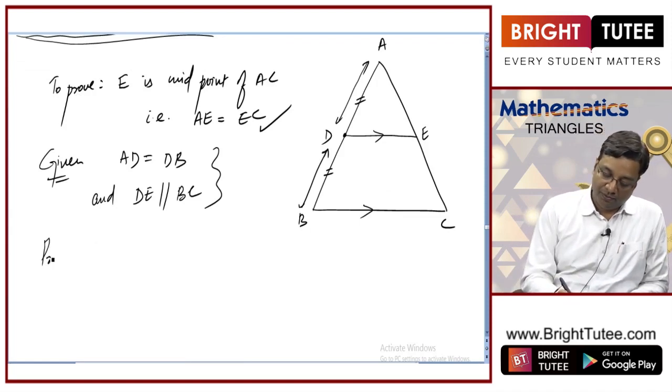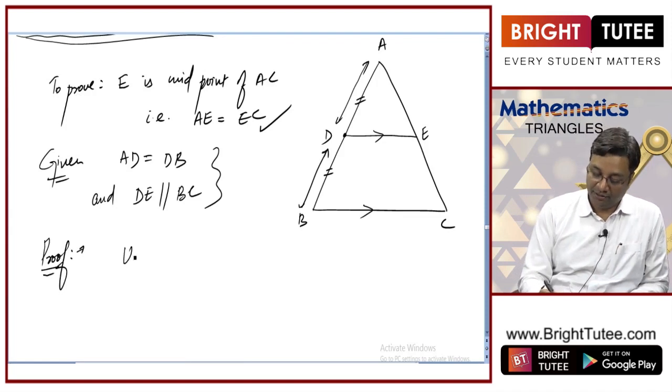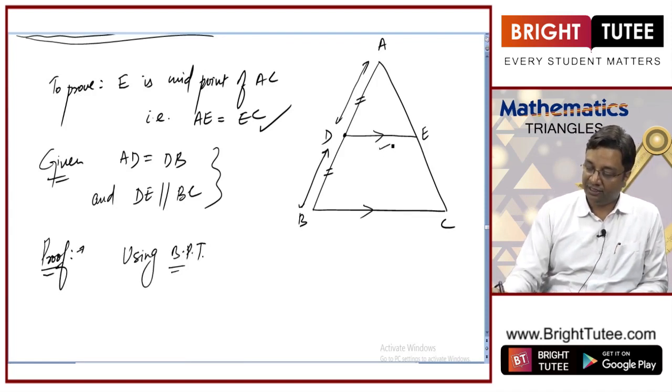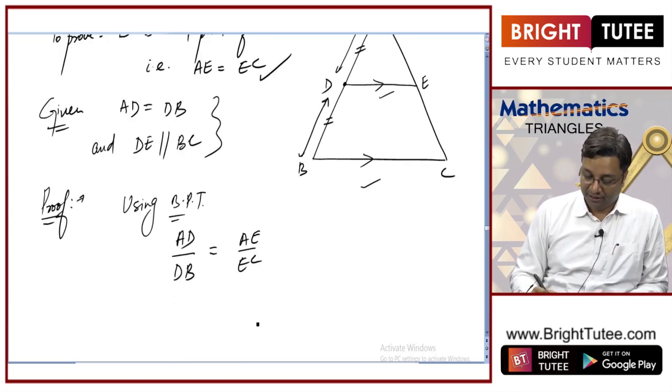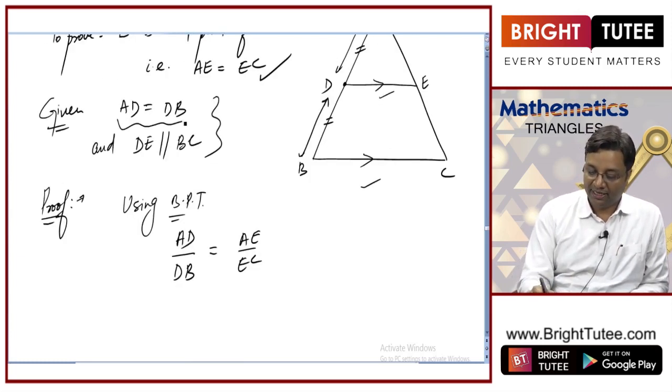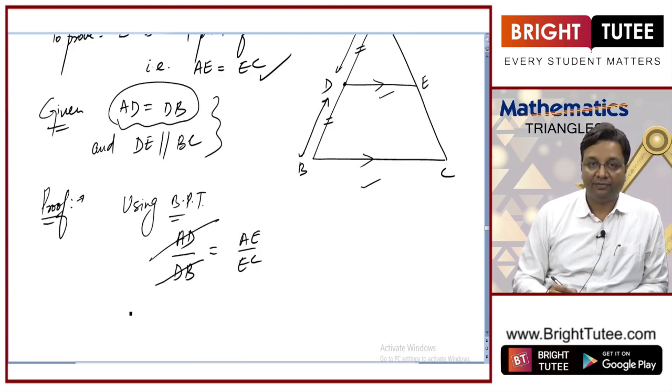So proof. Now using BPT, why? Because DE is parallel to BC, so we can use basic proportionality theorem. We can say AD by DB is equal to AE by EC, right? Now I don't have to go any further. I know that AD equal to DB, so I can cancel it.